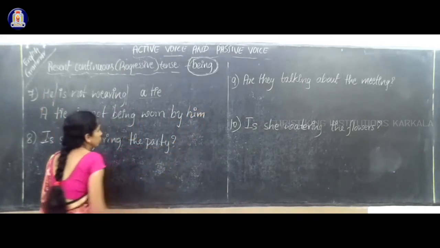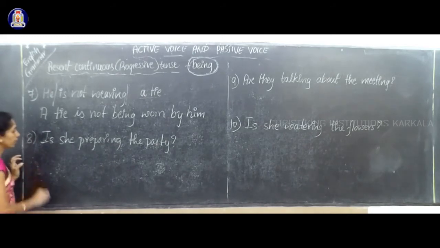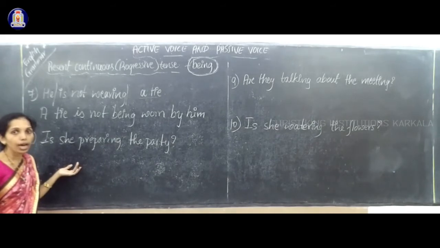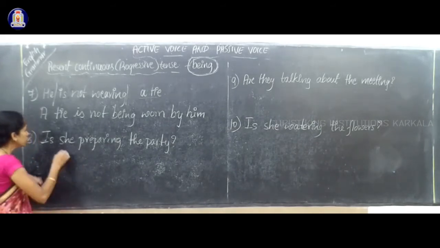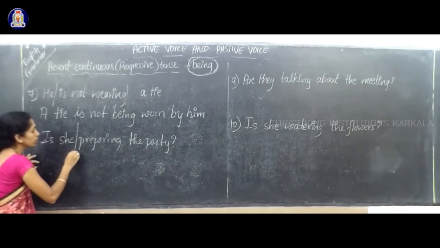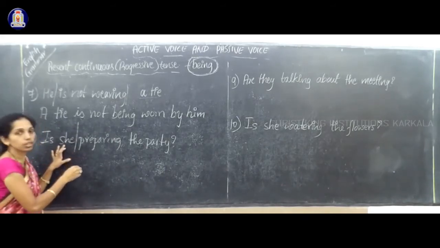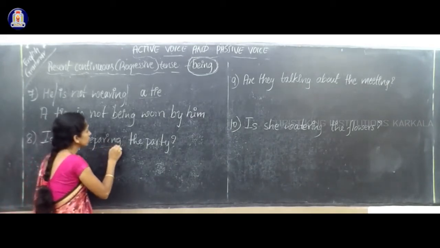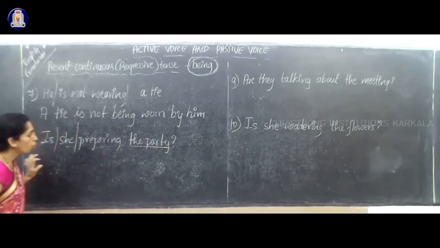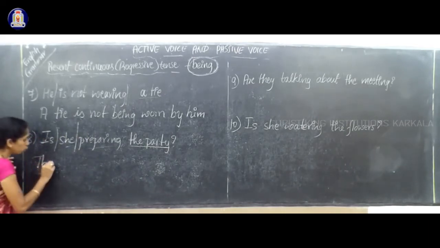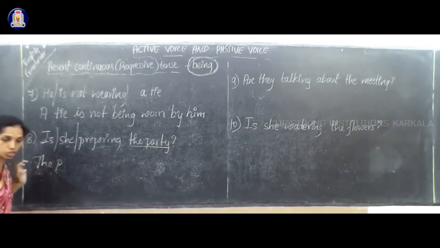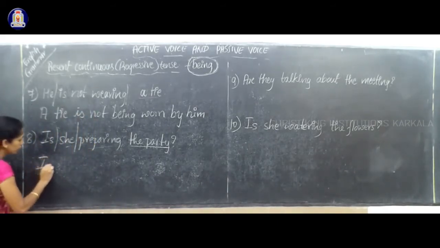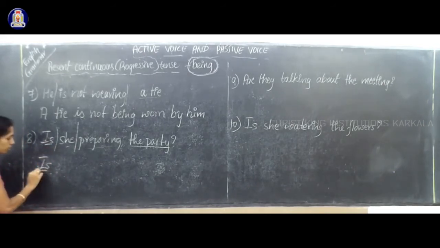Next question, the 8th one. Is she preparing the party? This is the question, right? How to write this in the passive voice? Here "is" is the helping word, she is the subject, preparing is the main word, and the party is the object. So how to write? Since it's a question, we have to write the helping word "is" first itself.